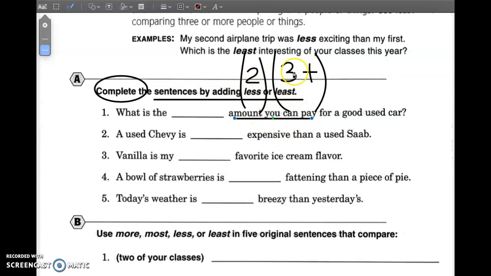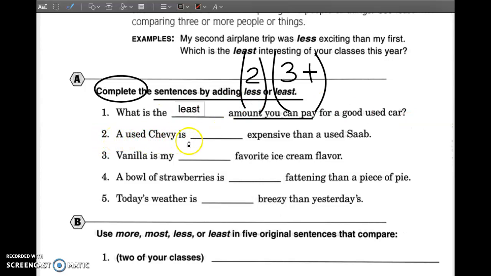No. Here, I'm going to be using the word least. What is the least amount you can pay? Because when I'm talking about amount, I'm definitely talking about more than three things. An amount is an overall group, okay? What is the least amount you can pay for a good used car?